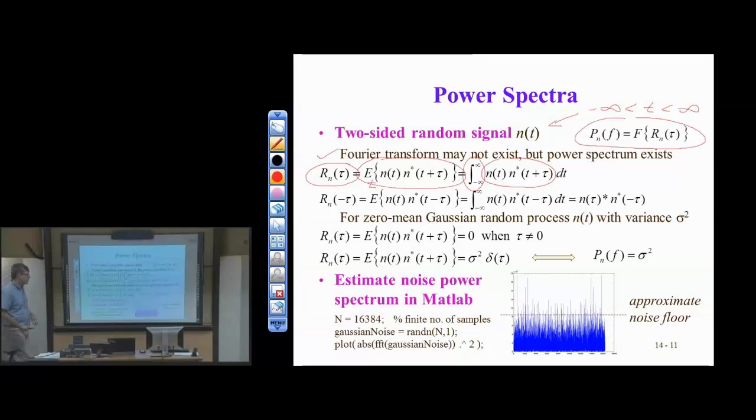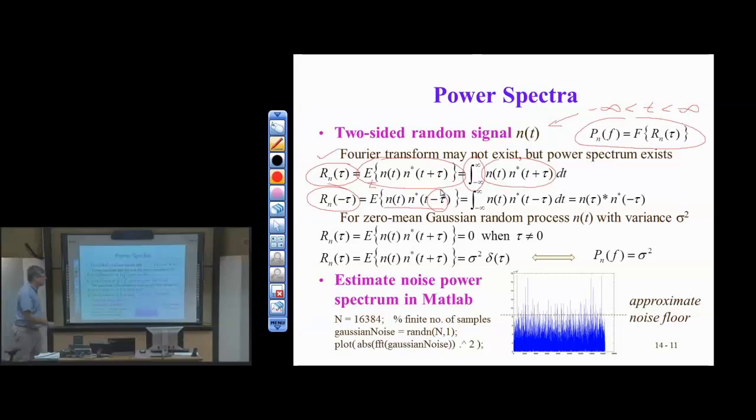So what we can do next is use the fact that the autocorrelation is even symmetric, so we can look at the autocorrelation of minus tau. And now what pops out of this is convolution. We look at the expected value of what's inside, which has changed because we're using minus tau instead of plus tau as the argument.